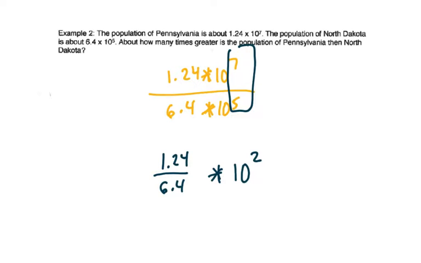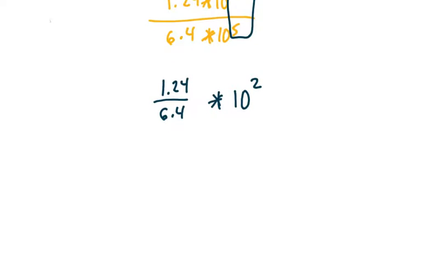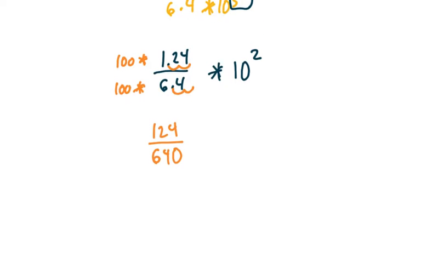Well, we need to move the decimal place here too, so that means we're going to have to move this one too. By the way, what we're doing when we're moving the decimal place over is we're actually just multiplying by 100 on the top and the bottom. So this is going to be 124 over 640. And now, of course, times 10 squared.